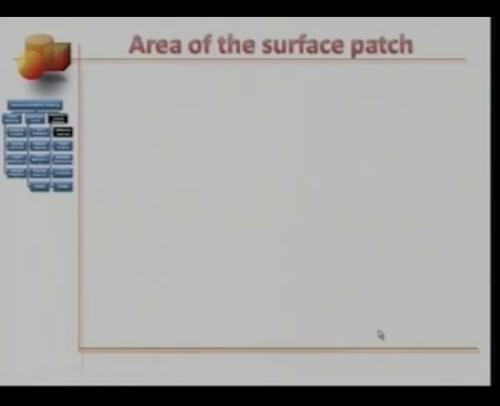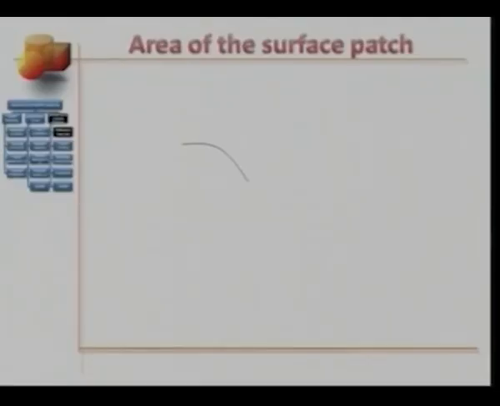Now let's try to compute the area of a surface patch. So let's draw the bounding curves. This is u equals u sub 0 and u equals u sub 0 plus du. This bounding curve corresponds to v equals v sub 0, and this one here is v equals v sub 0 plus dv.